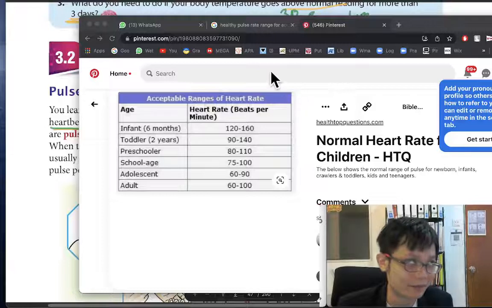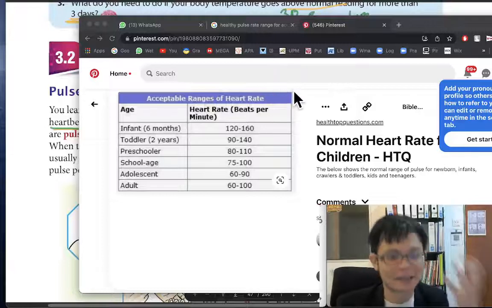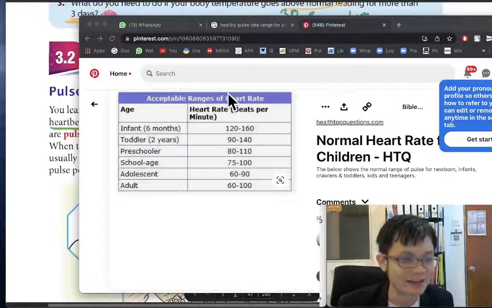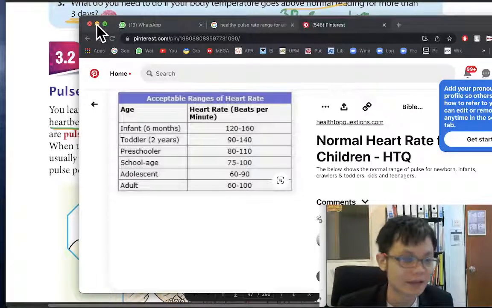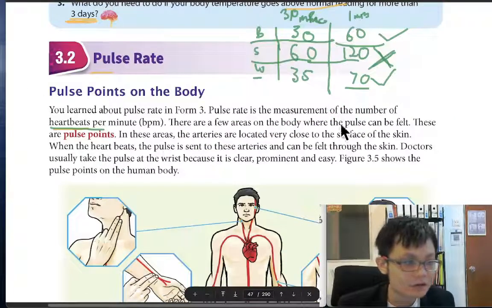Don't go and play games, because then you get even more stress with your teammates. Better to relax and exercise in the morning so that your whole day will be happier. So this is the pulse rate.